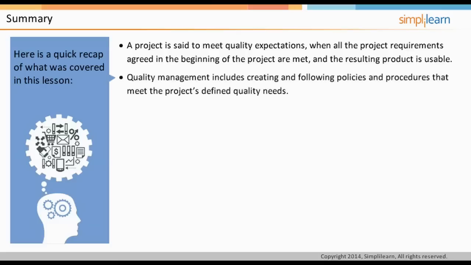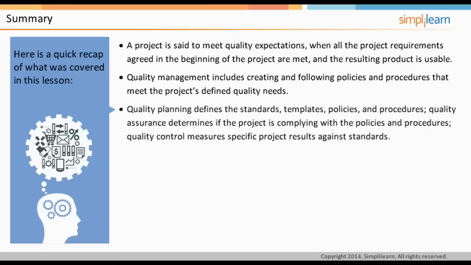Quality management includes creating and following policies and procedures that meet the project's defined quality needs. Quality planning defines the standards, templates, policies, and procedures. Quality assurance determines if the project is complying with the policies and procedures. Quality control measures specific project results against standards.